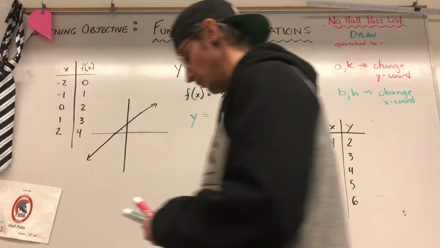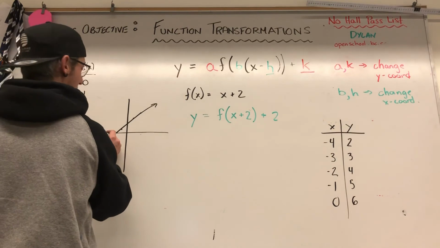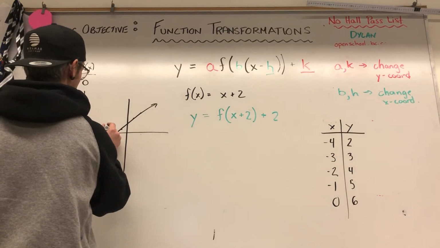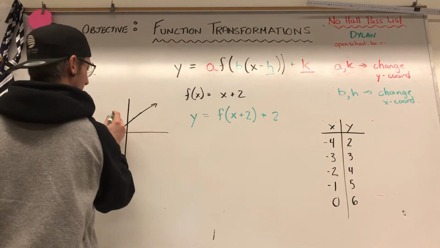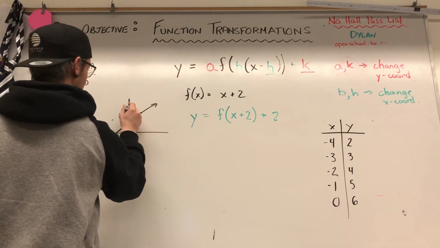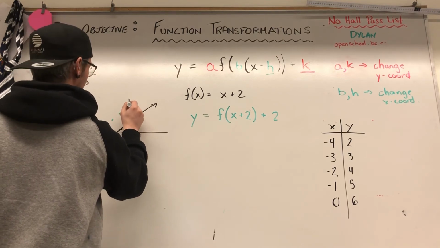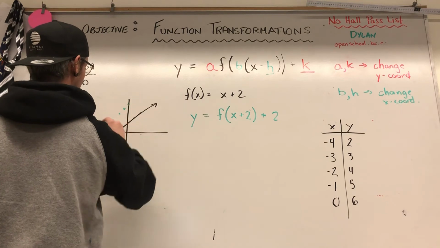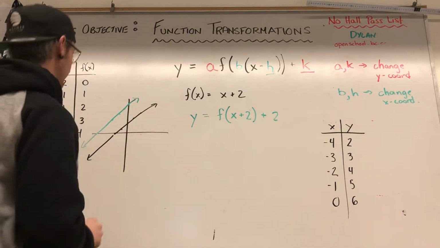And then if I were to go and graph that, at negative 4, I'm at 2. At negative 3, I'm at 3. At negative 2, I'm at 4. At negative 1, I'm at 5. And at 0, I'm at 6. It's going to look something parallel, but shifted.